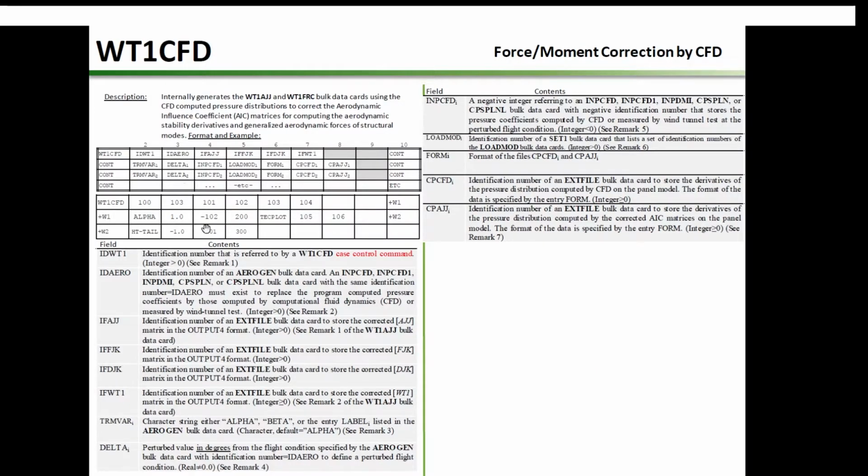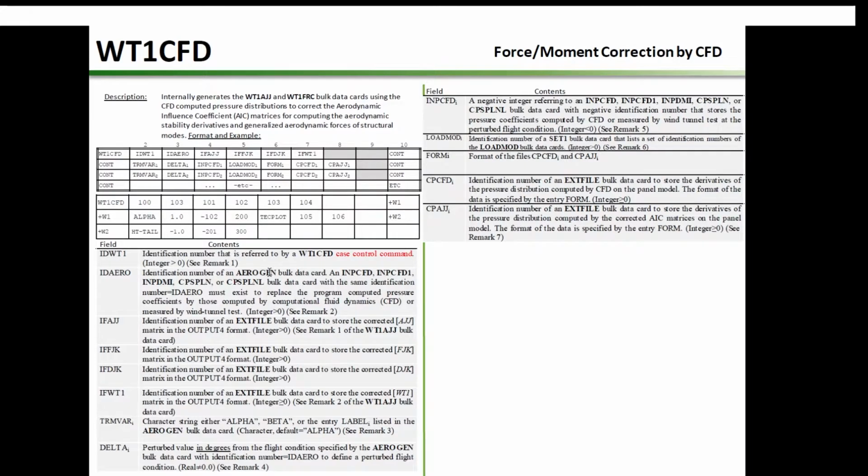this refers to the Aerogen card. The Aerogen card defines a flight condition. For example, in this case, you define angle of attack equal to 1 degree.